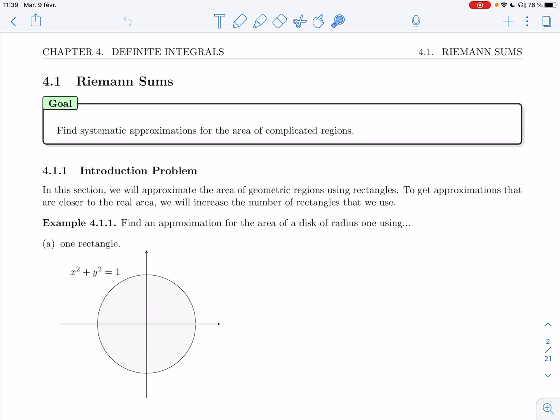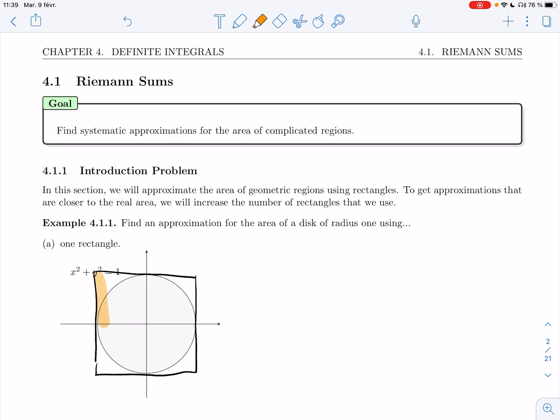All right, so I'm not going to get an exact answer doing this, but I am going to get an approximation. So what I'll do is I'll cover this region with one rectangle.